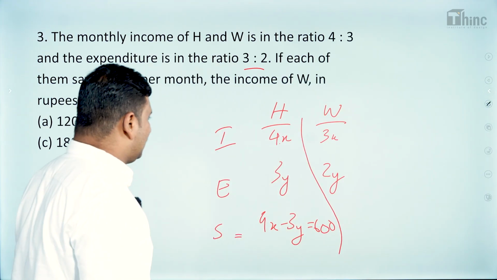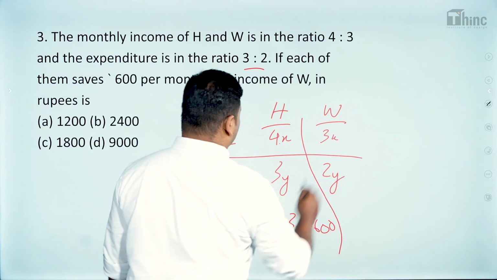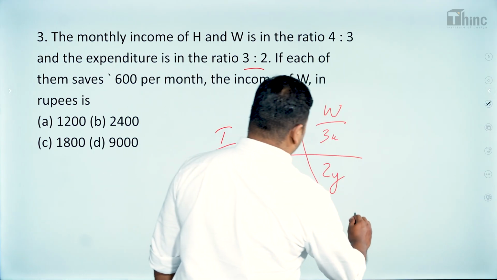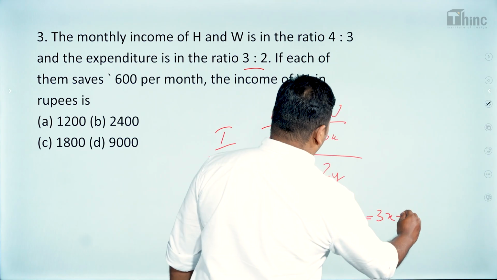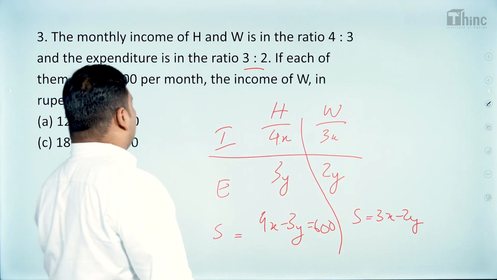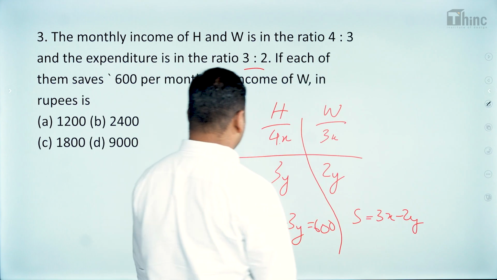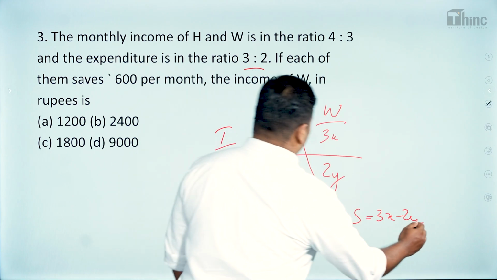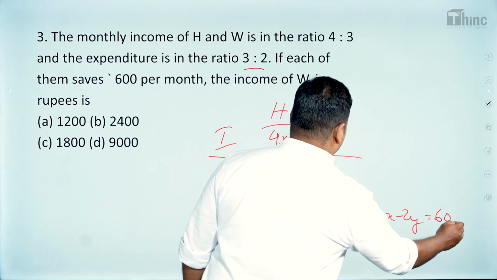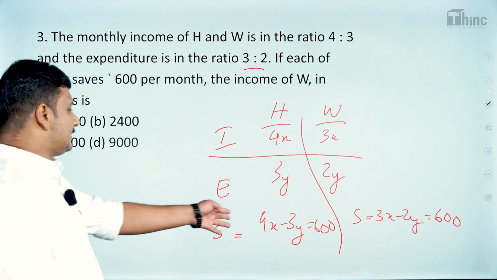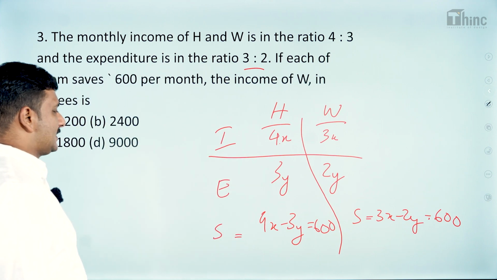And when we talk about W, we know the income, we know the expenditure, and income minus expenditure is the saving. So what is the saving for the next person? It is 3x minus 2y. And each of them saves 600, so saving for the other person is also 600. So 4x minus 3y is 600, 3x minus 2y is also 600.